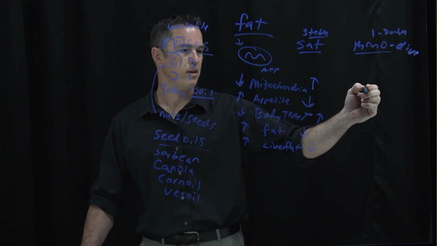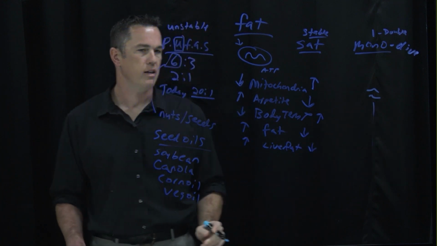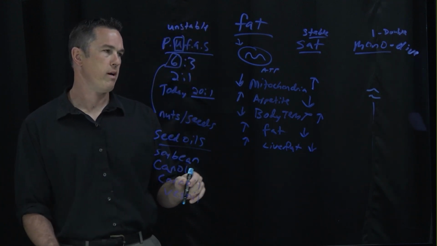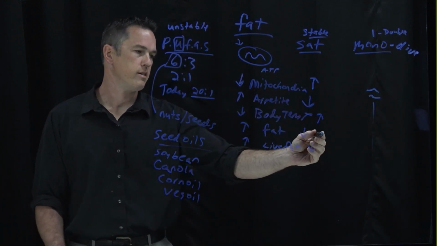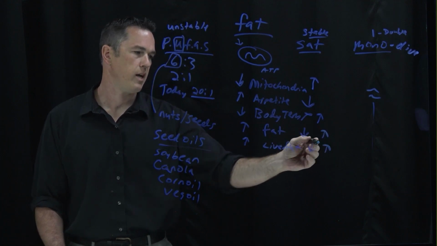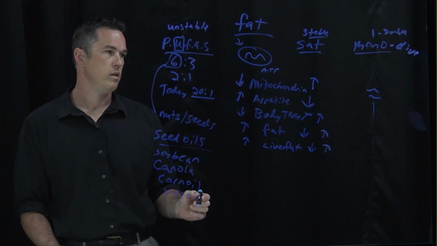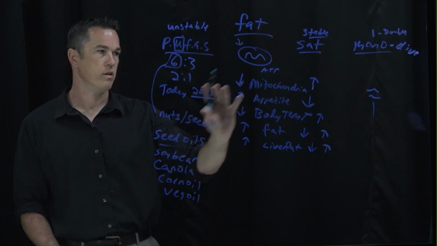Nobody really argues about this one. The ones they argue about is the saturated fat and the polyunsaturated fat. But your fat cells do like the mono. Your liver fat can get full of the mono. But the two primary ones that everybody argues over are these two.